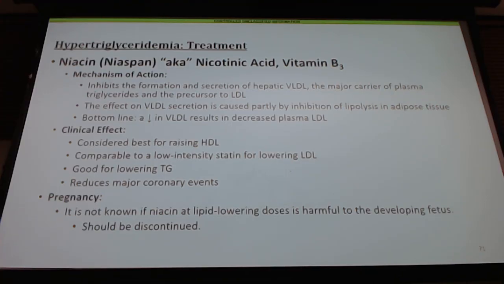Niacin, this is also an option for you. We typically think of this more as, if I need to increase my HDL levels, I'll give them this. But it does have an impact on your triglyceride levels as well.